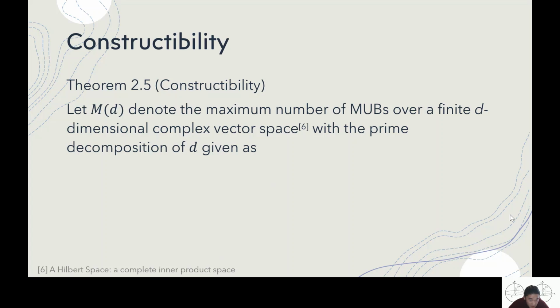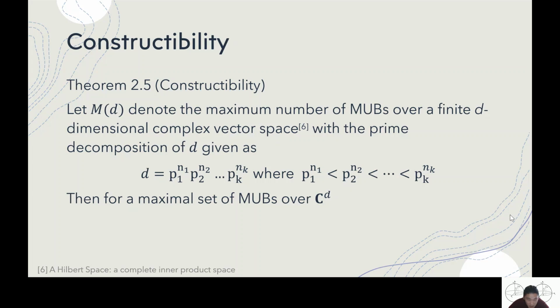with the prime decomposition of d given as such, where d equals p1 to the n1, p2 to the n2, up to pk to the nk, where they're all ordered from smallest to greatest.